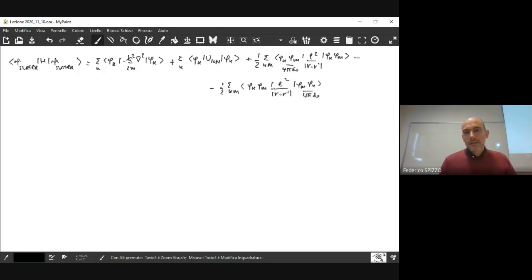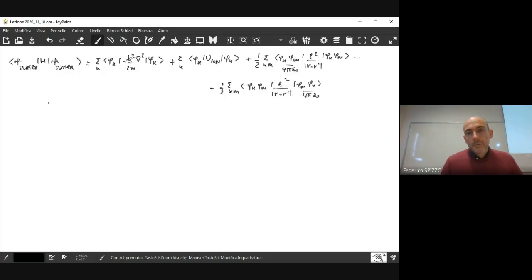So this is the expectation value of the full Hamiltonian over this Slater determinant that represents the energy of the system.